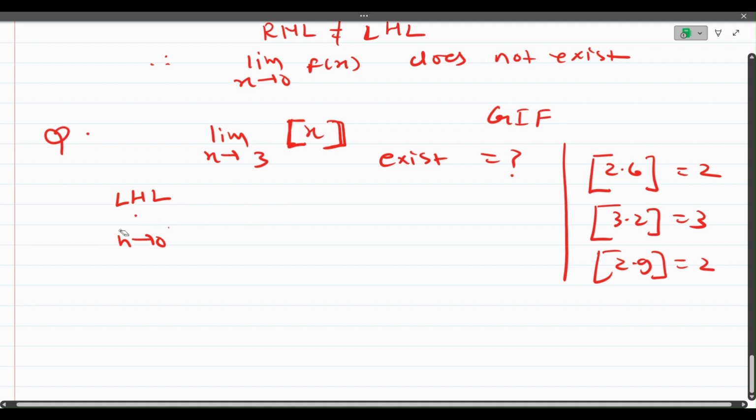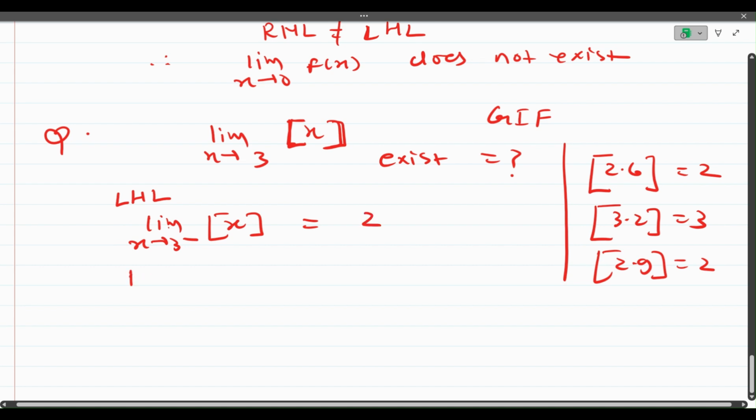Or otherwise we can write the limit as x tends to 3 from the left side. It's slightly less than 3, so it's not greater than or equal to 3. So if it is less than 3, its greatest integer function will give us 2.